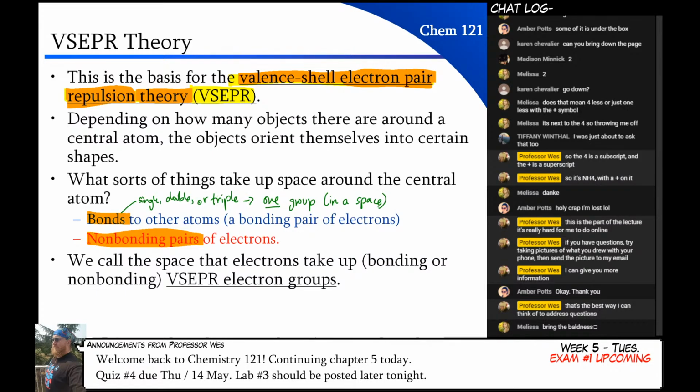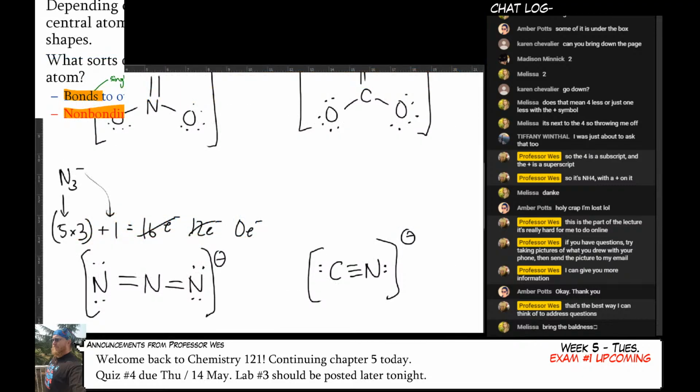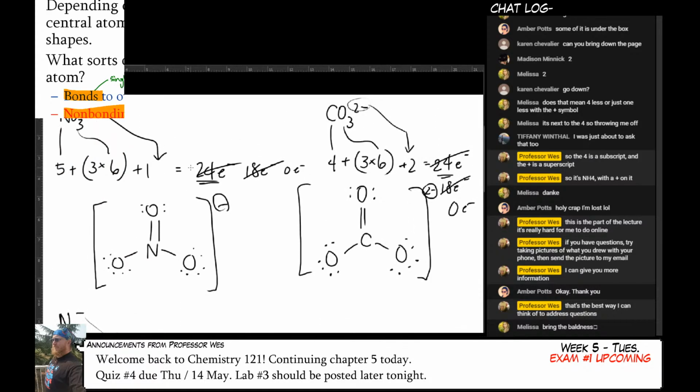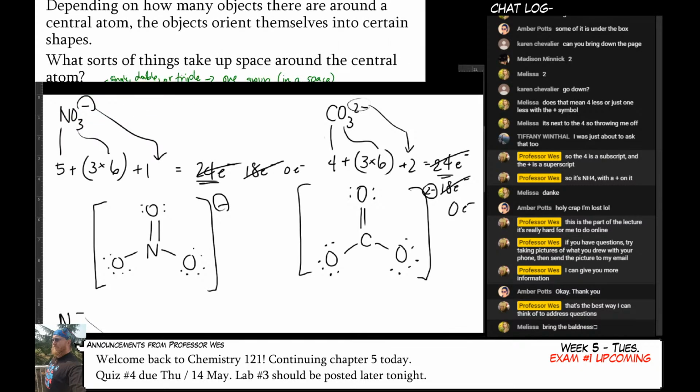So let's do an example by going back to some of the molecules that we drew before, because I haven't erased them yet. You're going to notice that the molecules that look the same have the same number of electron groups, and that's not a coincidence. So here's our NO3 that we drew earlier. If I look at this, this is my central atom, and I ask how many electron groups are around the center atom.